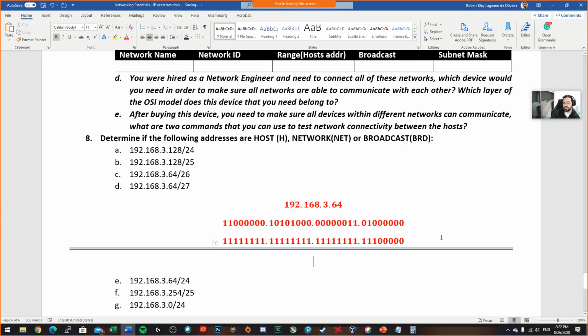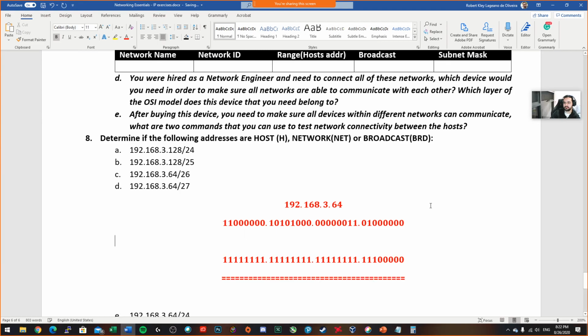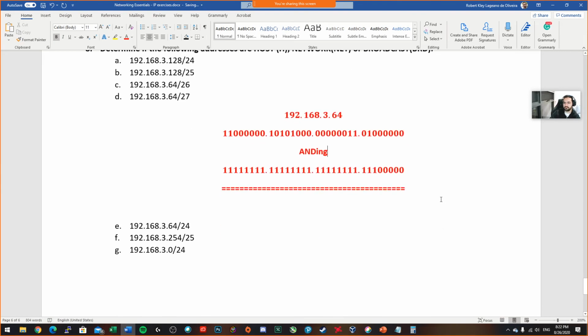If I do the ending here, what do I get? Anyone? Network ID? Yeah, the network address. Can I put it already in decimal, or do you guys want me to do it in binary?